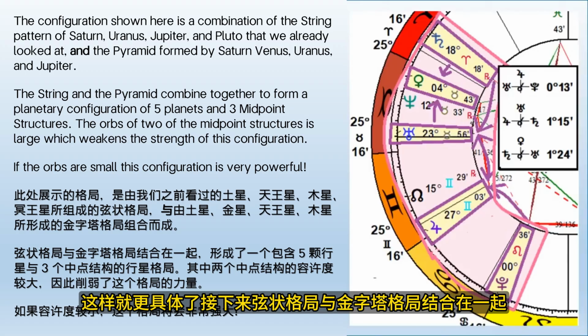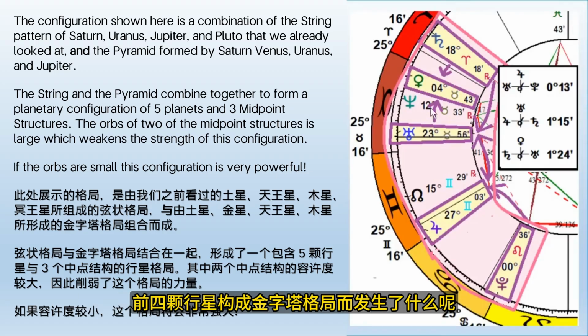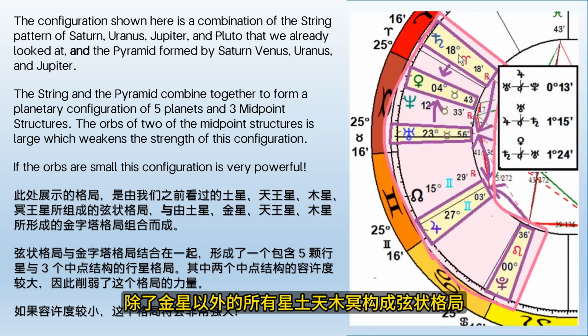Okay, now what's happening is the string and the pyramid combine together. The first 4 planets are the pyramid, and then Saturn, Uranus, Jupiter, Pluto, everything but Venus is a string.